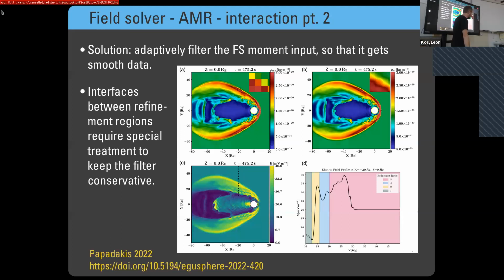This is a conservative filter, so we are not losing electric or magnetic field. We're also not distorting divergence of B there. And then the input to the field solver is no longer steppy, but smooth. And we are getting rid of these spurious artifacts that we've had there.